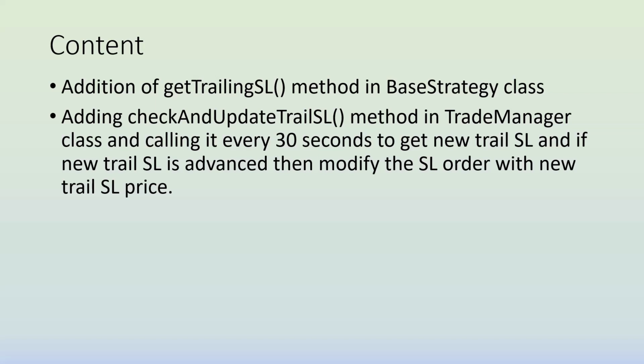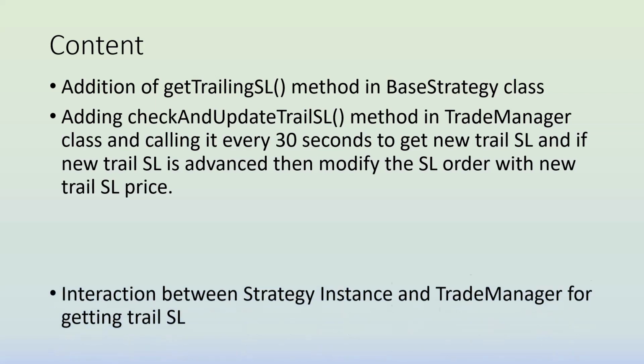But in case of a short trade, your current SL is at 100 and the new SL is below 100, let's say 99. 99 is less than 100, so that is advanced in the case of a short trade. So advanced can be plus or minus based on your trade direction, whether it is a long trade or short trade.